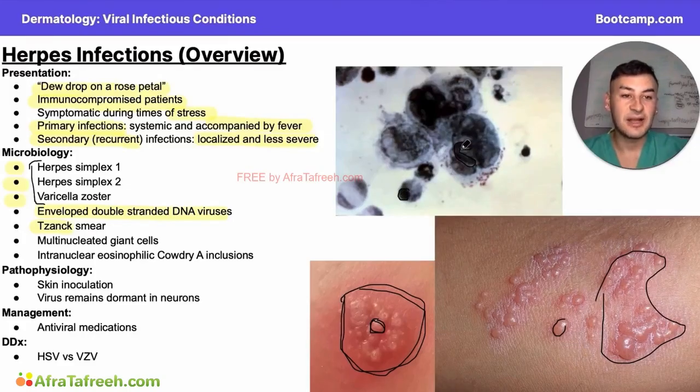Anytime you hear intranuclear inclusion, and it's really important for it to be intranuclear, because we talk about inclusions a lot on step 1. So when you hear intranuclear eosinophilic Cowdry A, all of those are really hot words for herpes infections. Now, it's really important to differentiate from other types of inclusions, right?